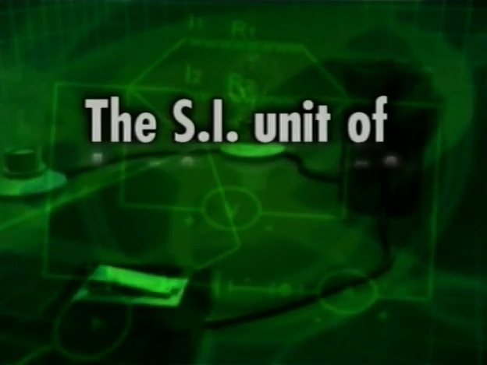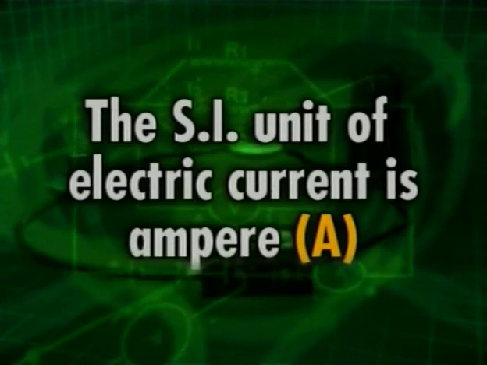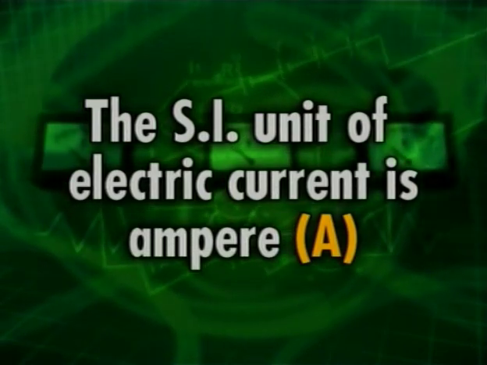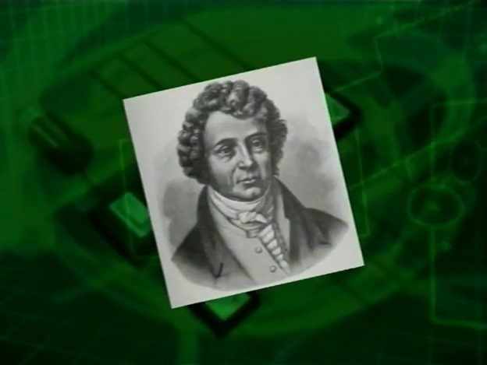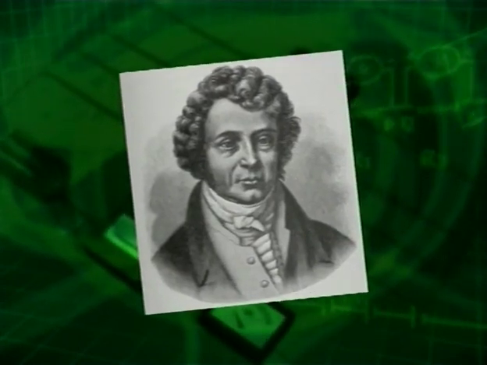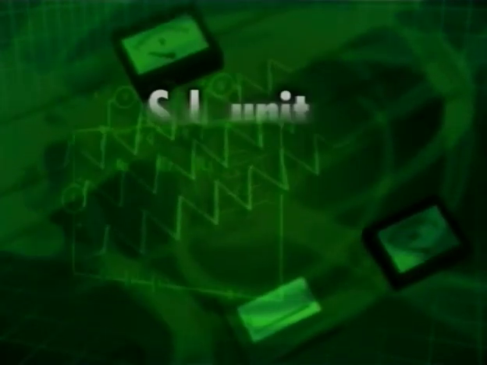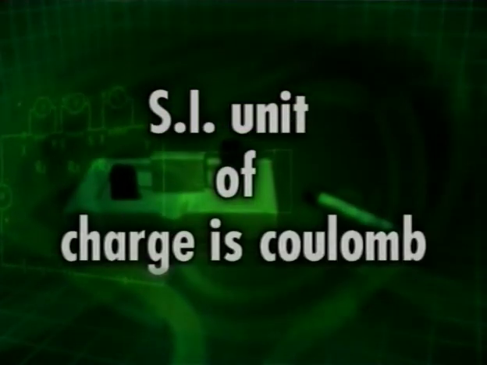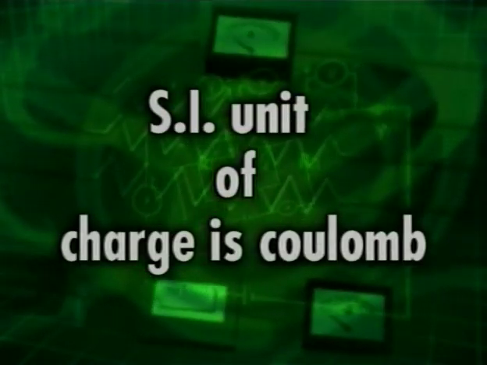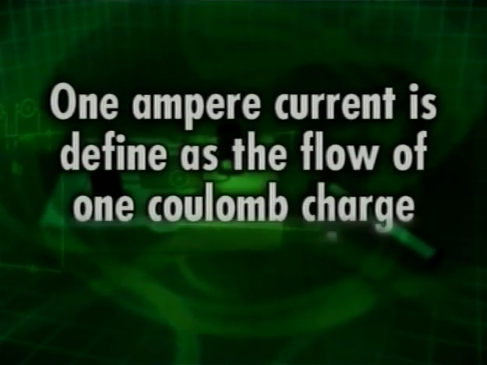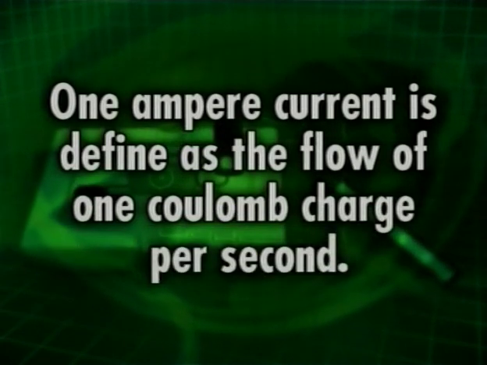The SI unit of electric current is ampere, named after French scientist André-Marie Ampere, and the SI unit of charge is coulomb. 1 ampere current is defined as the flow of 1 coulomb charge per second.